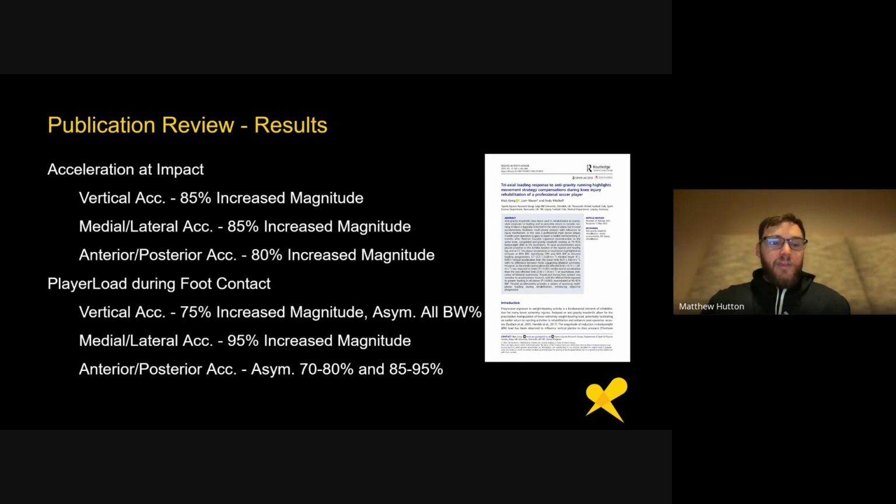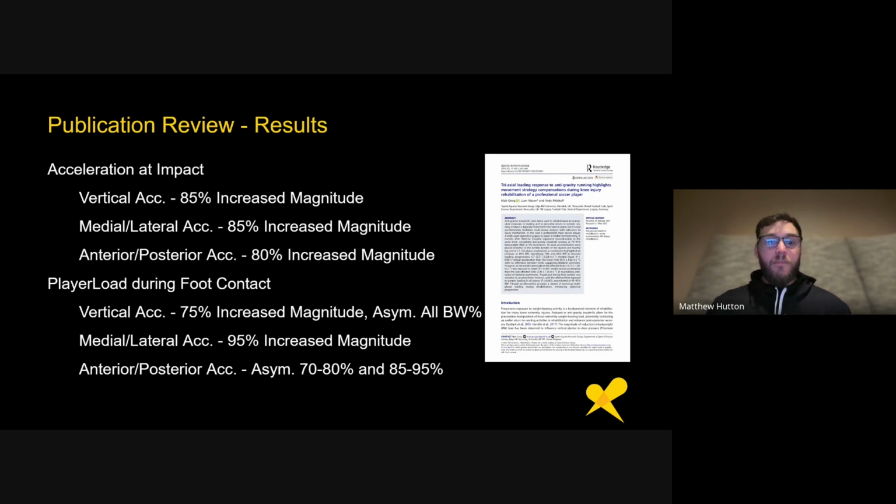And then the other thing that they measured was player load, and this is a sum of all of the accelerations, all of the different movement planes. And again, interestingly, different body weights represented different player loads depending on which plane of movement you're looking at.